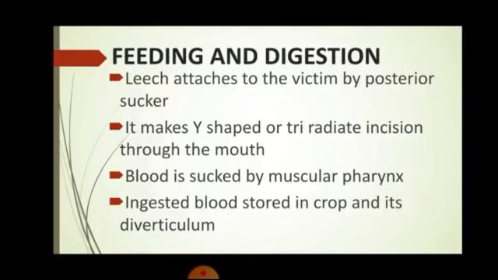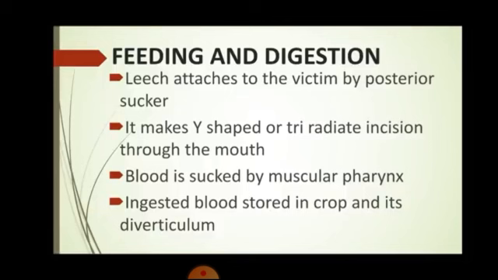If the blood clots, it will not serve as food for the leech. So to avoid that clotting, by nature the saliva of the leech contains an anticoagulant substance, and that is called hirudin.